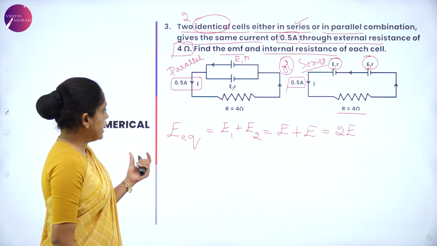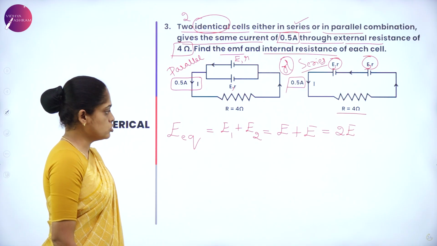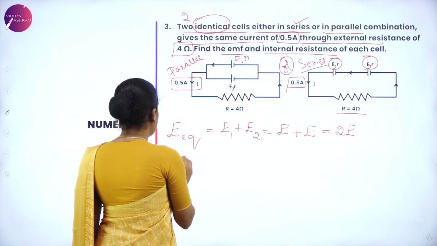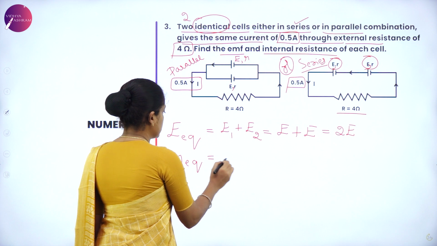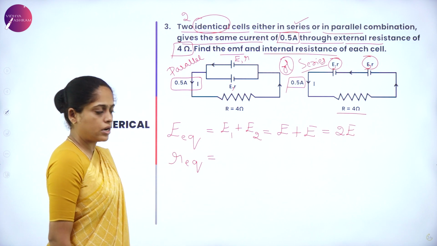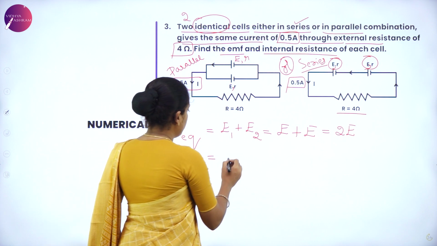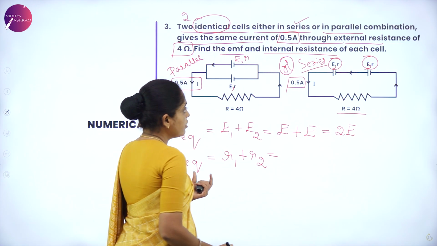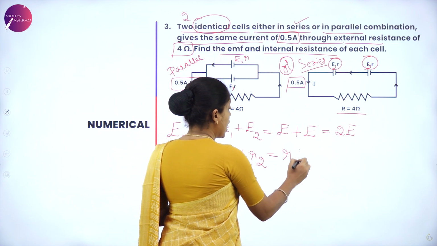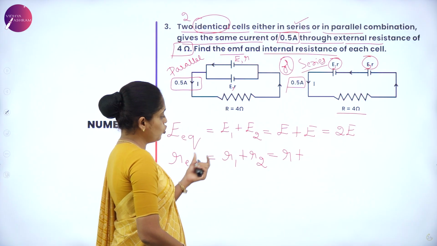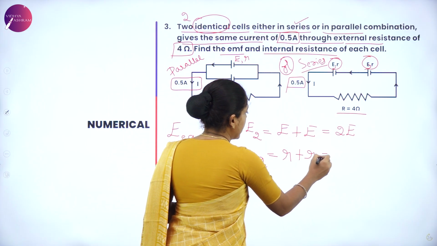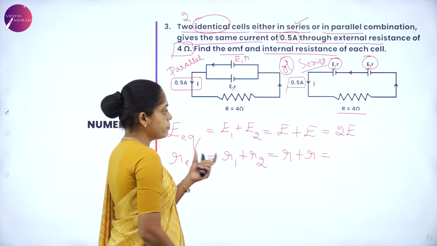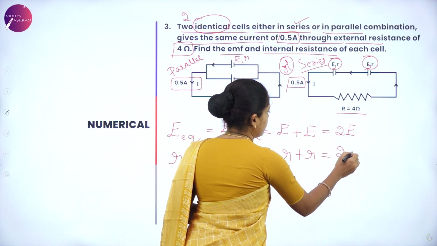So the equivalent EMF in series combination is 2E. Next, let us find the internal resistance. R equivalent is equal to R1 plus R2. R1 is R, R2 is also R, as they are identical. R plus R is 2R.